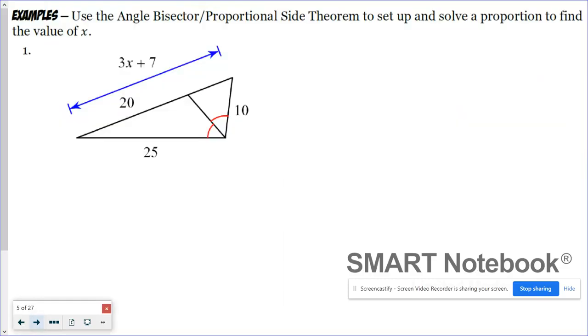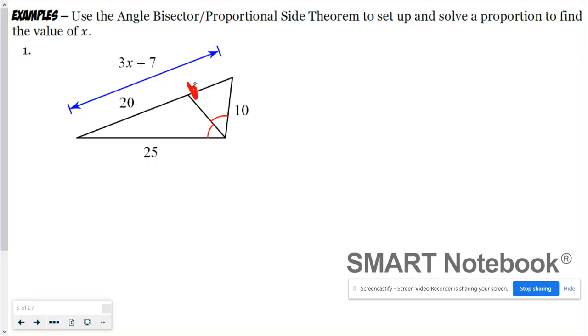Okay. So if we look here, I have an angle that's been bisected. So that means the two segments form a proportional relationship with those two sides. We want to be careful here because they're saying like this whole side is 3x plus 7. But the way my proportion works is I need to use the individual segment.